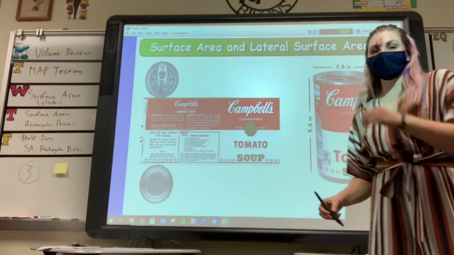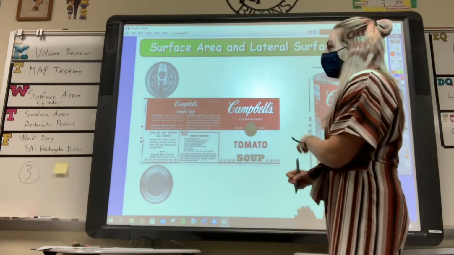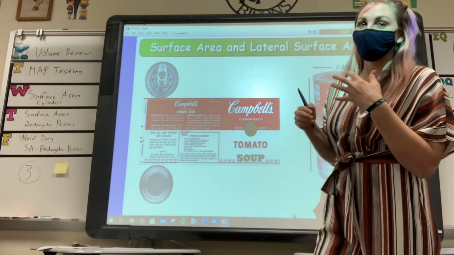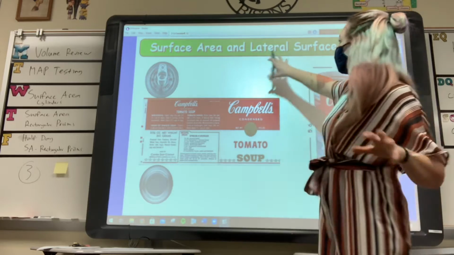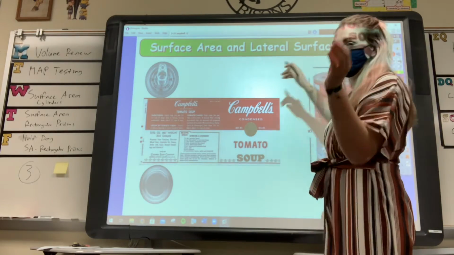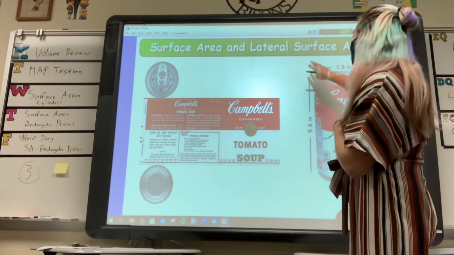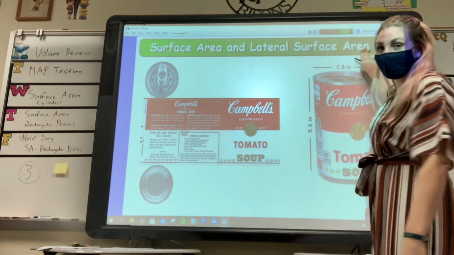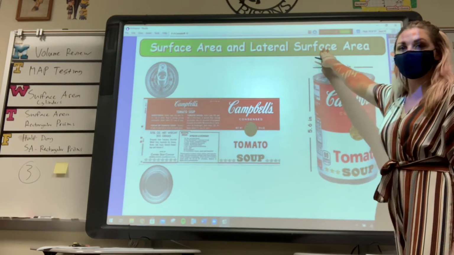All right, so sometimes when we are looking at different topics in math, for me it helps to look directly at the title and kind of rearrange it. So when we look at surface area, it's really just the area of surfaces, okay?